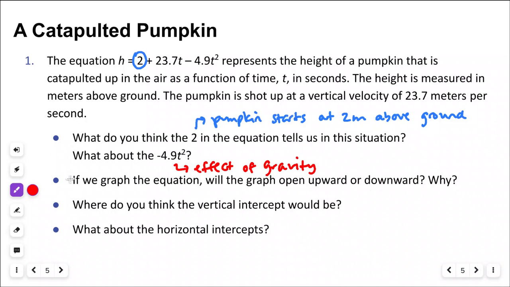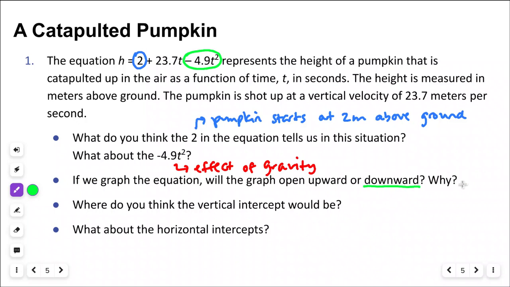The second question asks, if we were to graph this equation, would it face upward or downward, and why? How do you know? You can think about what a pumpkin looks like as it's flying through the air, or you can think about what we learned in the previous lesson. In the previous lesson, we were talking about graphs of standard form, and we learned that if this quadratic term here, that negative 4.9t squared, is negative, it means it is facing downward.